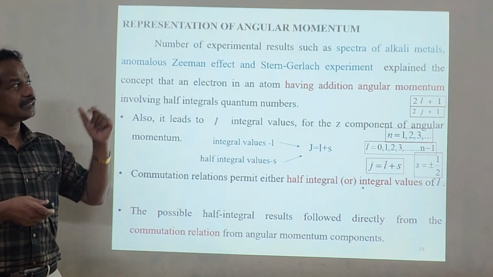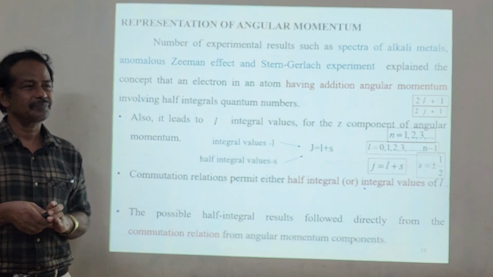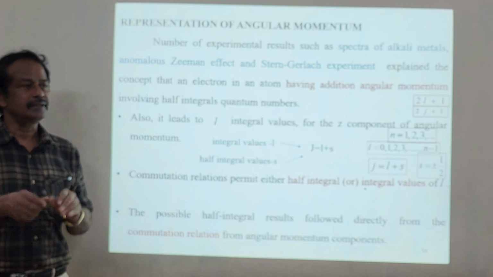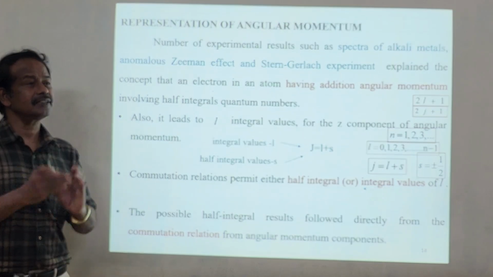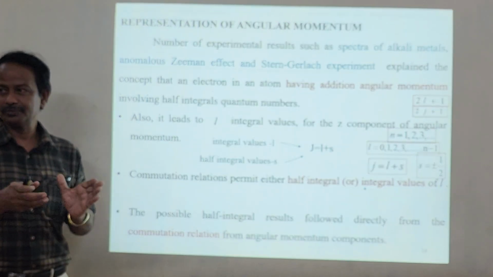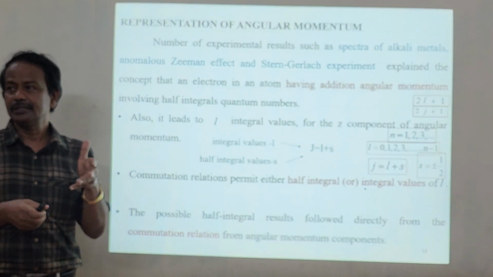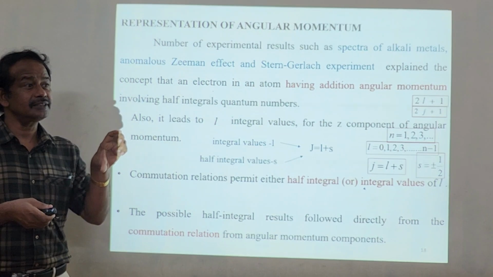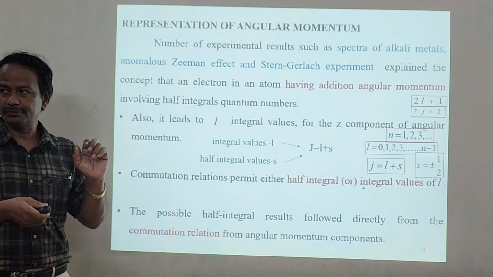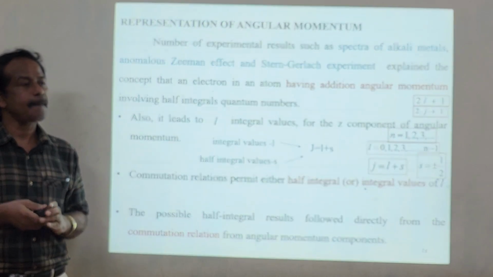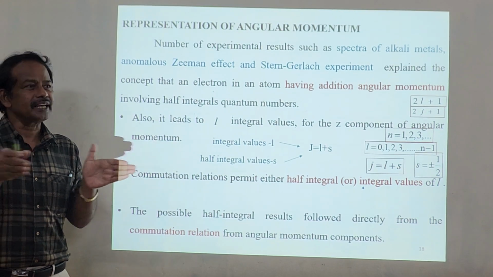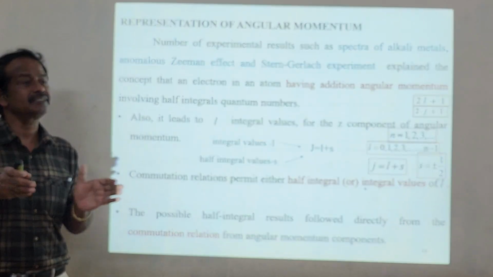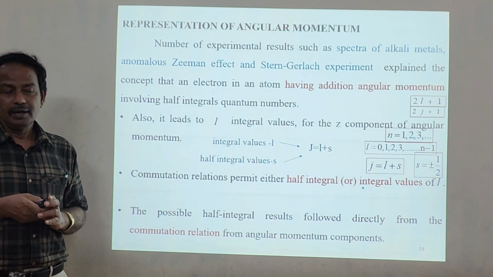But certain experiments, like the spectra of alkali metals, usually potassium and sodium, show fine structure of spectra. For example, if you view the spectra with a high resolution spectrometer, we will have a dense set of overlapping lines, which we call fine structure spectra.